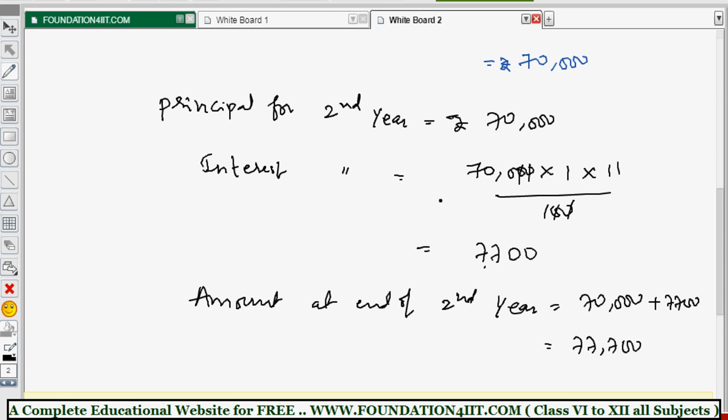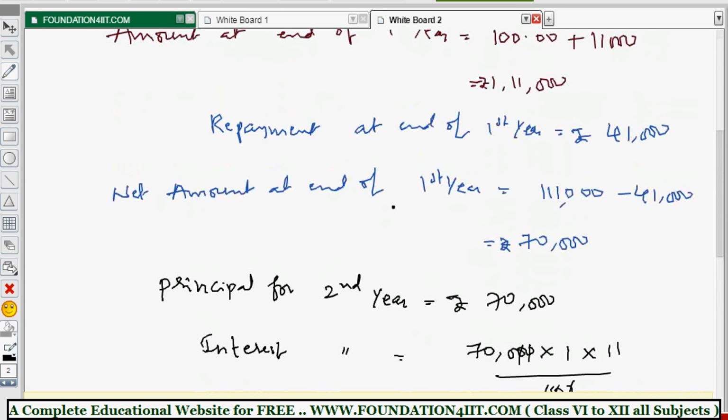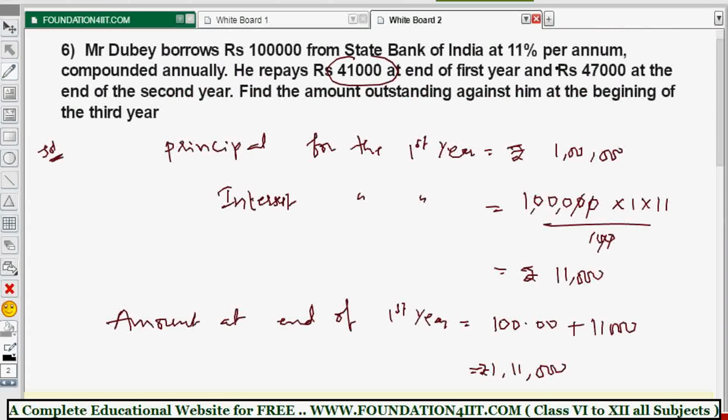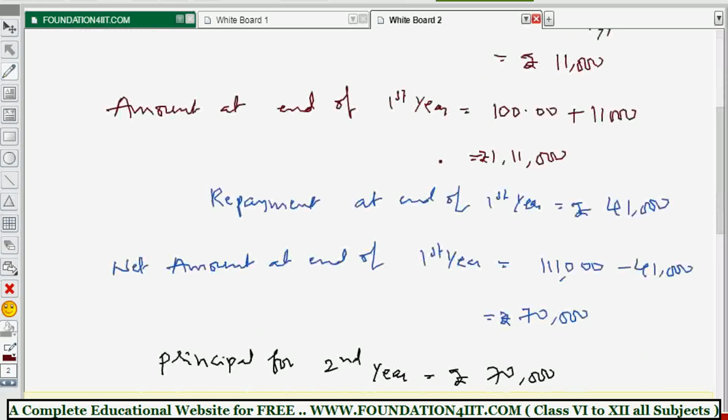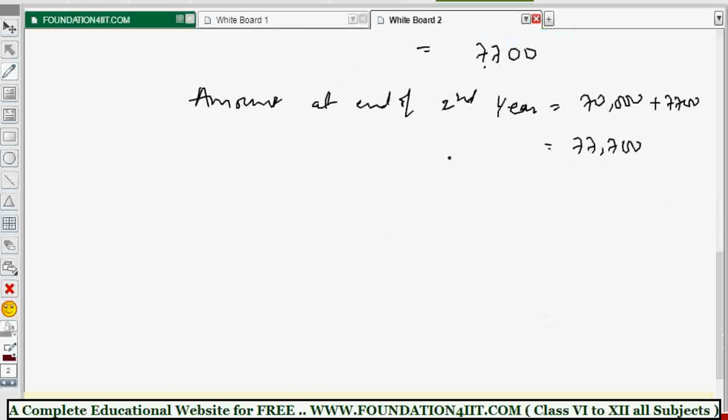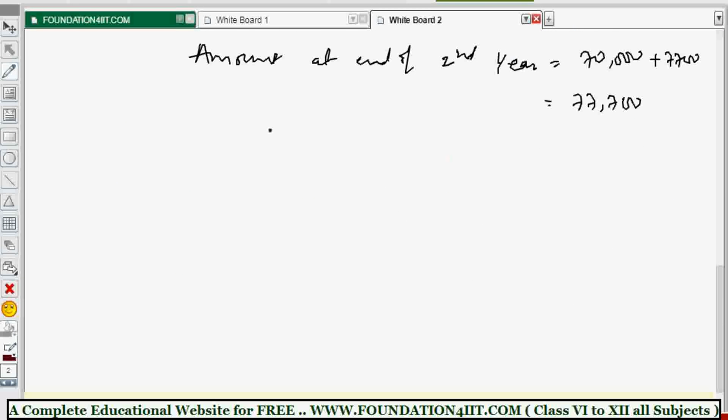Now from this he repaid 47,000 for second year also. If you see the question, some amount repayment at the end of the second year, that is 47,000 in this problem. So that is a repayment at the end of the second year. So repayment at end of second year is 47,000.